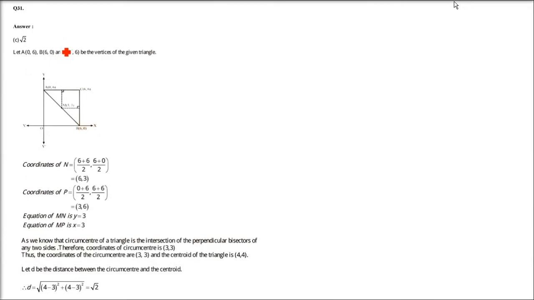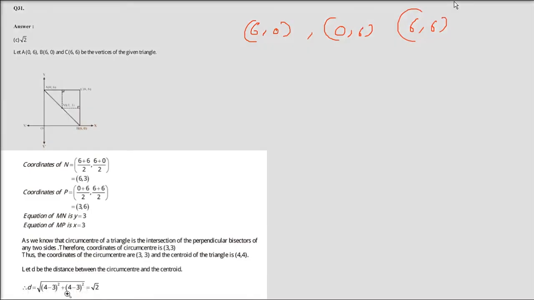The vertices of a triangle are 6, 0, 0, 6, 6, 6. The distance between its circumcenter and centroid. So the best thing is, see the points are given very classic, so you can just directly write it. 6, 0, 0, 6 and 6, 6.